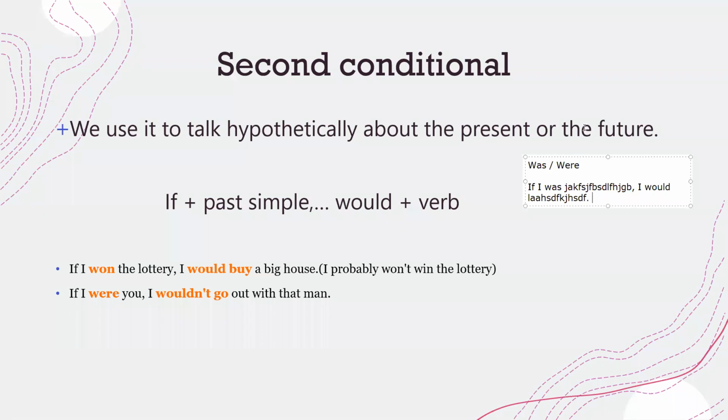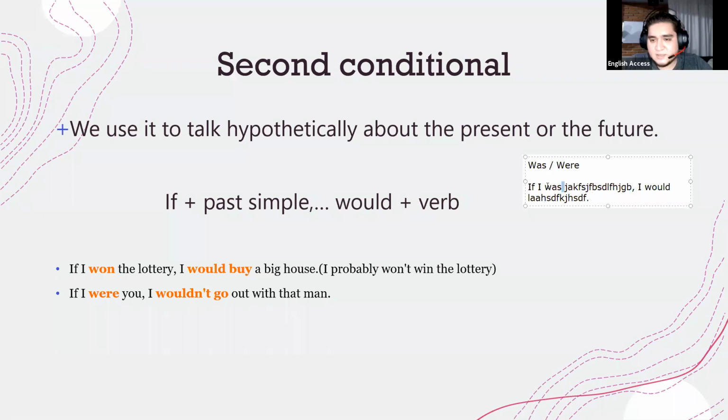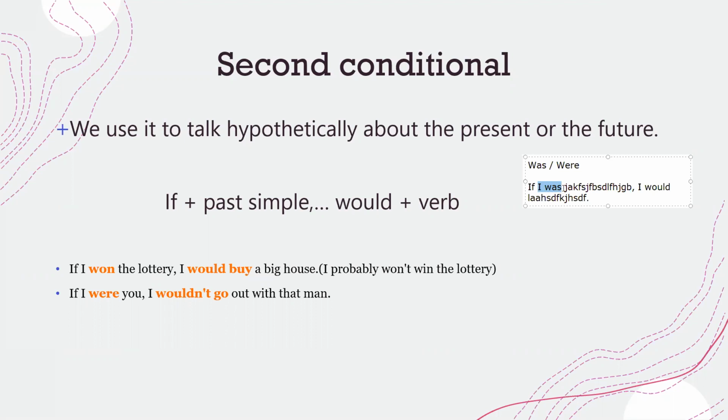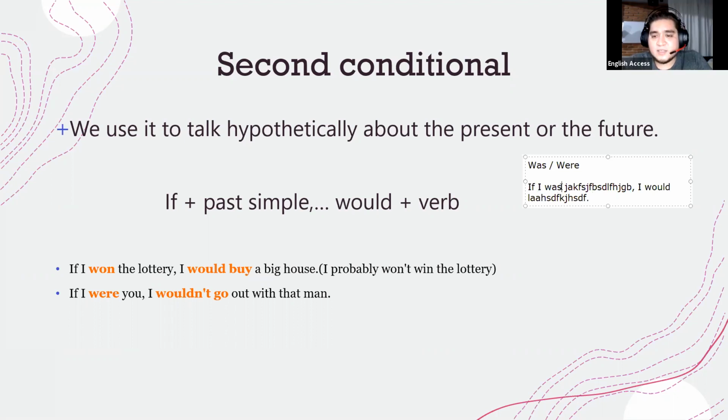This is the logical way to conjugate the past of the verb be. This is the correct way to do it. But for conditionals, this is incorrect.